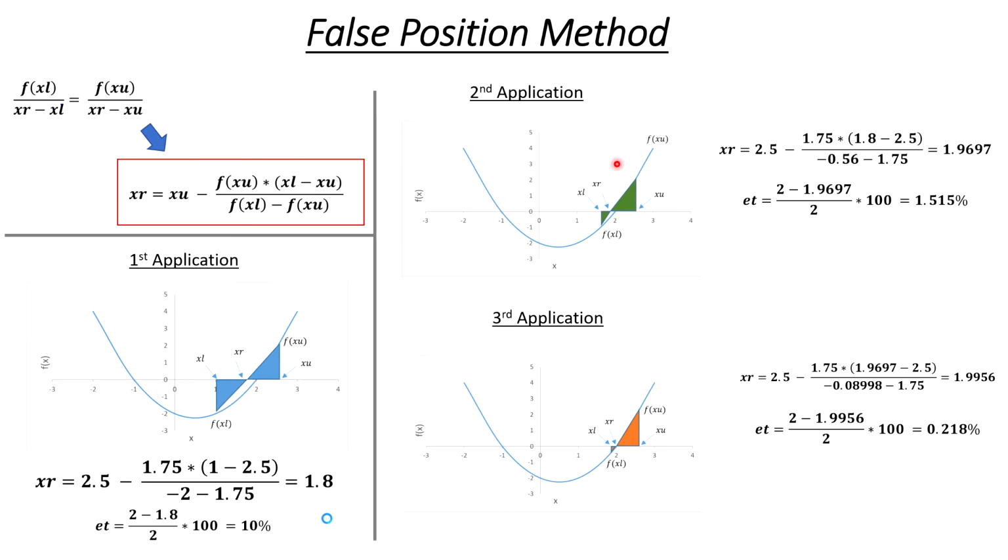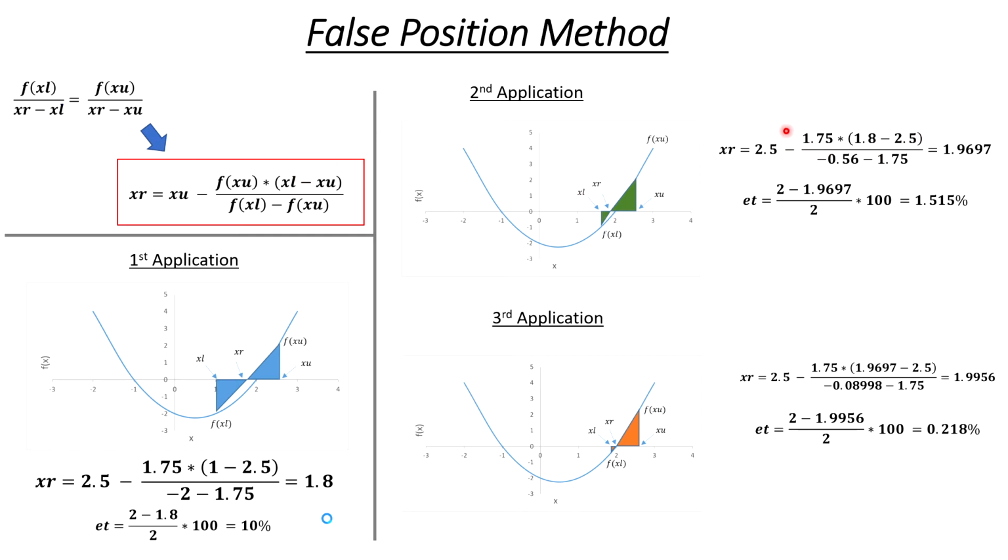Looking at the second application, the root is in the right interval. So we're going to be dealing with the interval of 1.8 and 2.5. This is a visualization of the false position, and to get this root, we're still using this equation.